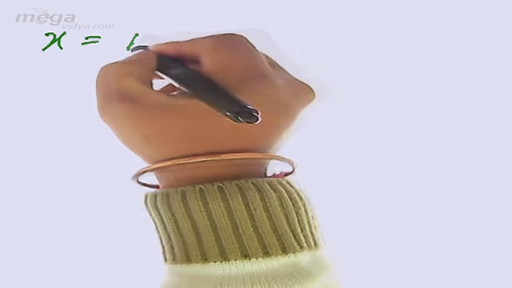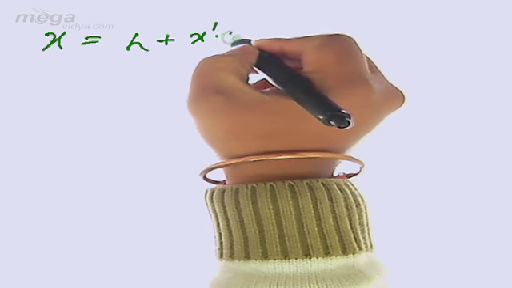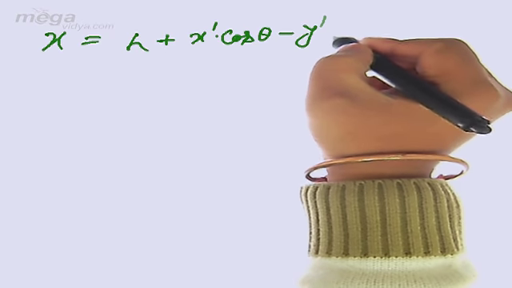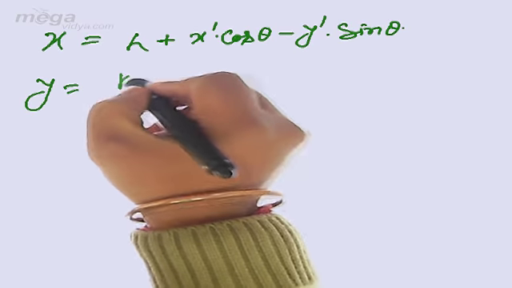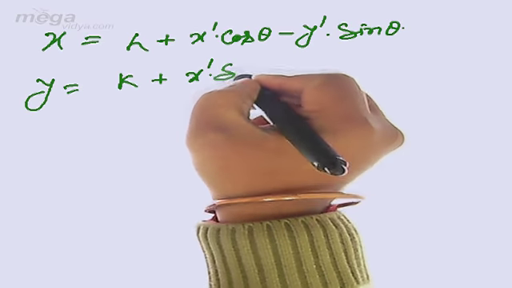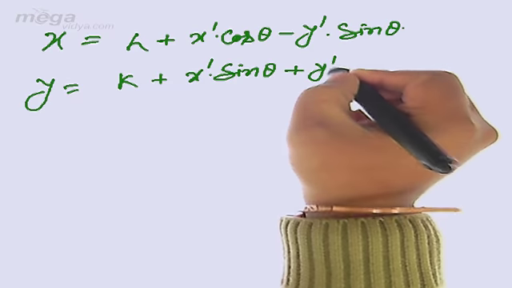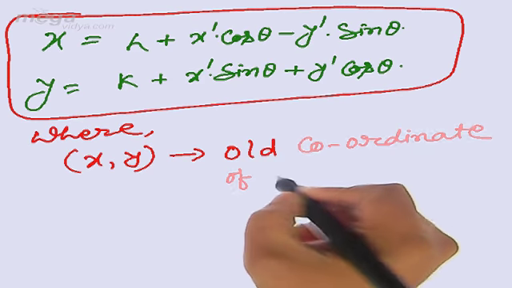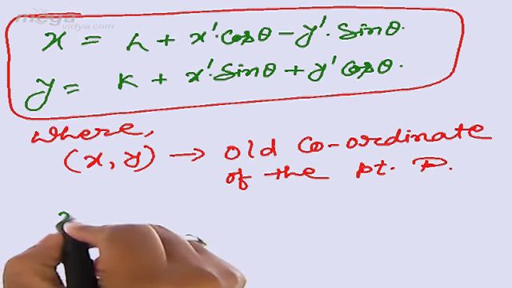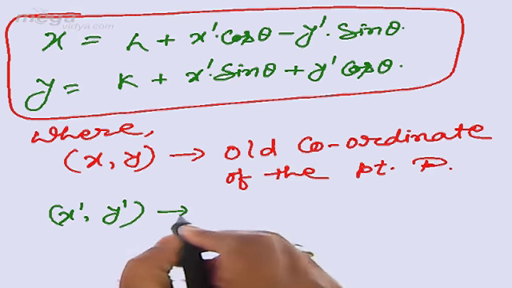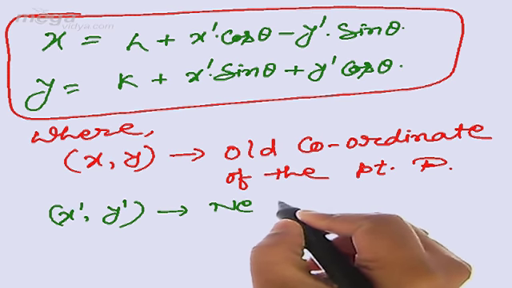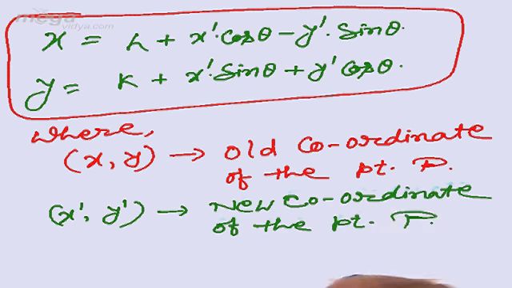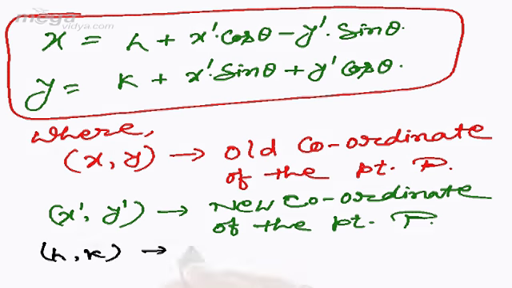We will write x is equal to h plus x dash cos theta minus y dash sin theta, and y is equal to k plus x dash sin theta plus y dash cos theta, where x, y is the old coordinate of the point P, x dash, y dash is the new coordinate of the point P in the new situation, and h, k is the new origin.